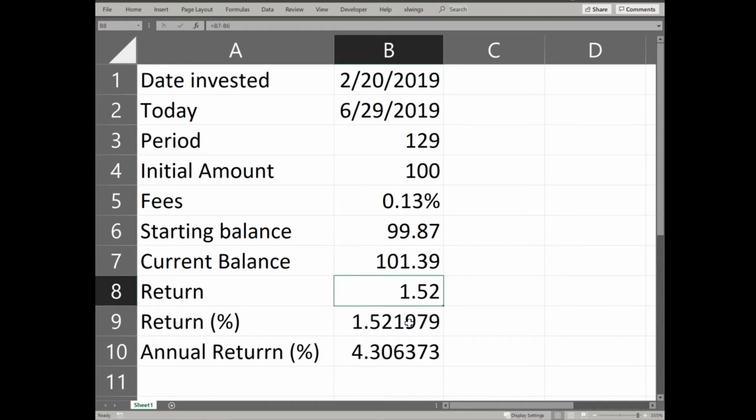The percentage return is 1.52%, and if you annualize this, it is about 4.3%. So according to the computation, the annualized return is 4.3%.